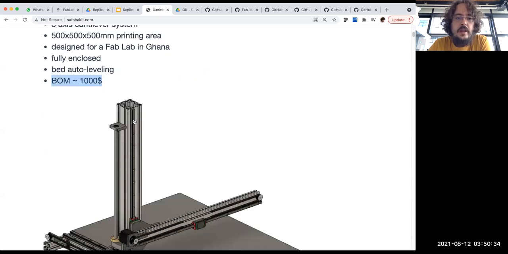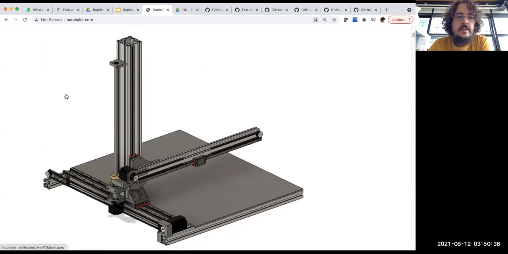Every new machine development should answer a research question in terms of making. If I just copy another 3D printer, it's fine, it's nice, but nowadays we have lots of 3D printers that are replicable and open source. So the question I wanted to answer with this printer was, can I make a cantilever system to 3D print something?